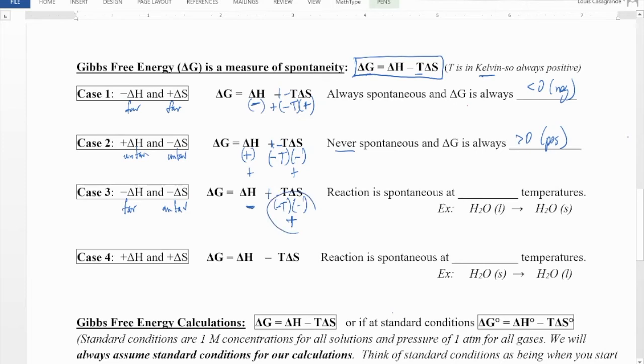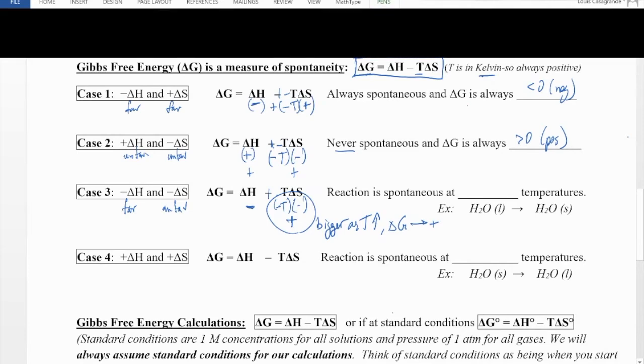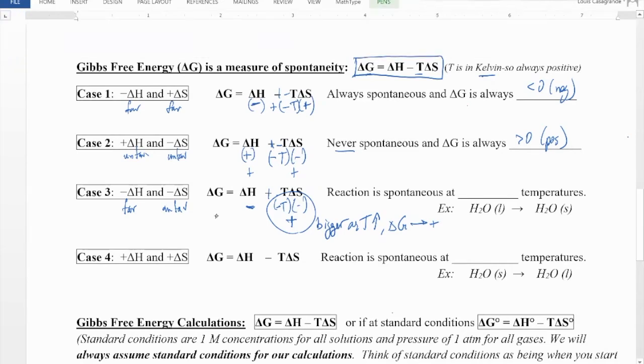So when this term becomes big enough, as T goes up, delta G becomes positive. Delta G becomes a positive value. So the delta H then becomes more important at low temperature. And so this reaction is spontaneous at low temperatures because the negative delta H is important.